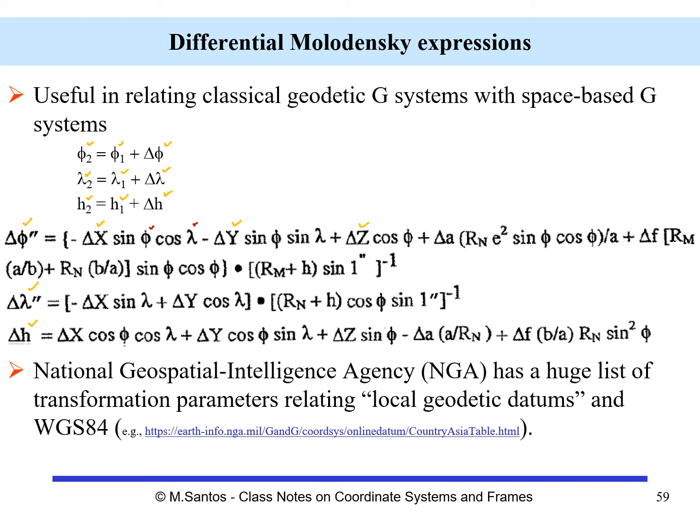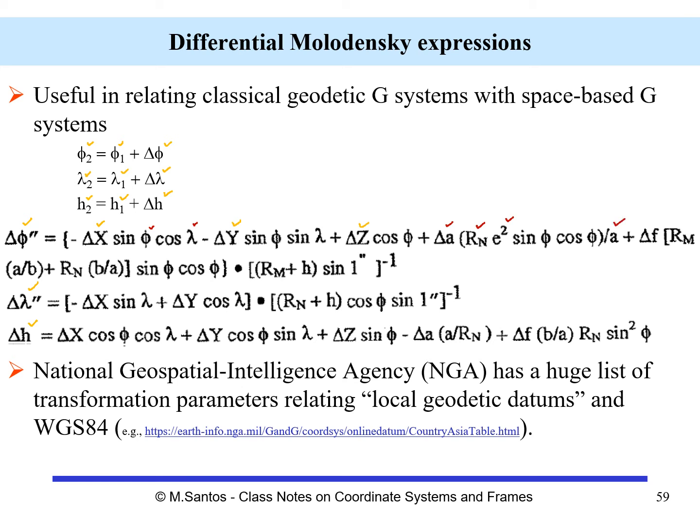And we have here delta A, the difference between the major semi-axes of the two reference ellipsoids. Rn represents the radius of curvature of the prime vertical section. E squared is the first eccentricity.